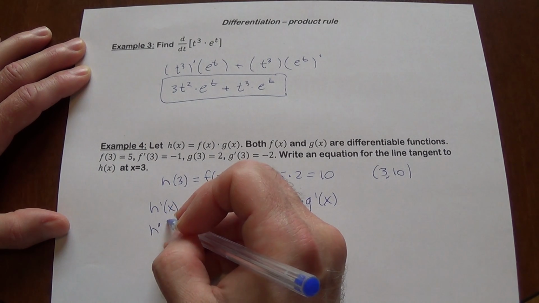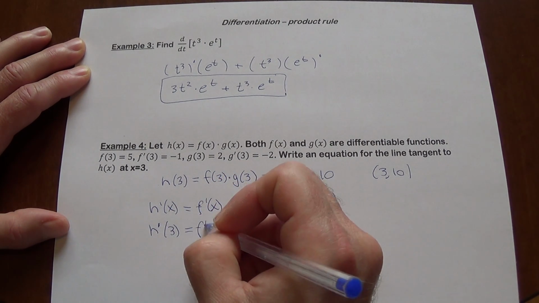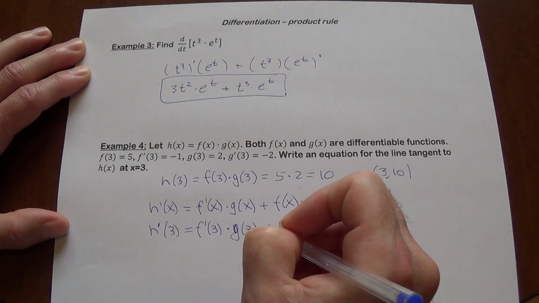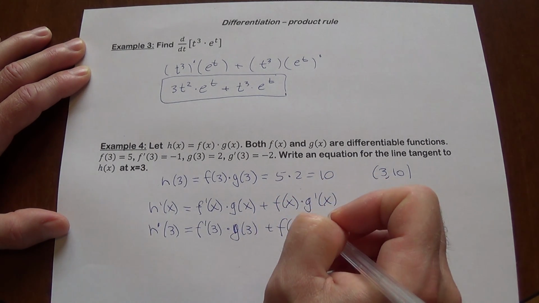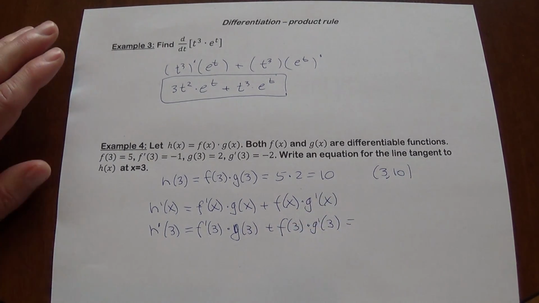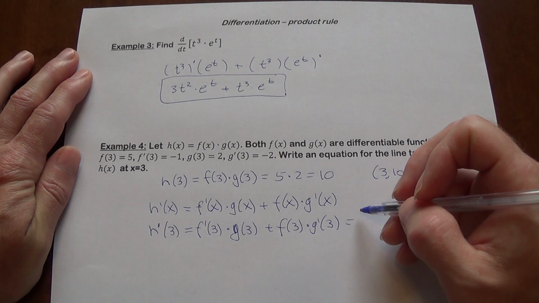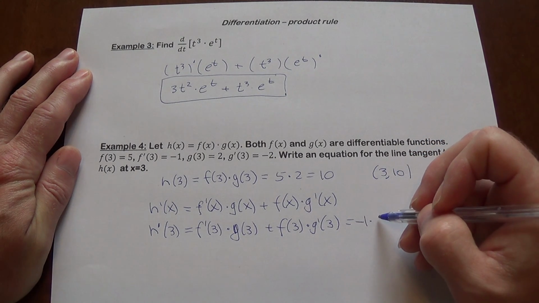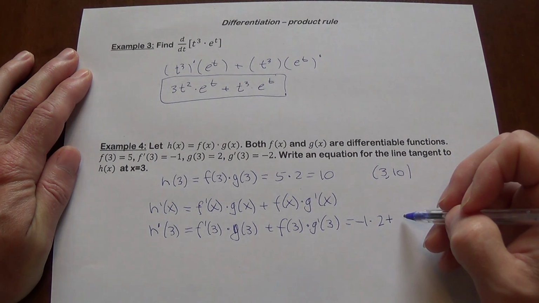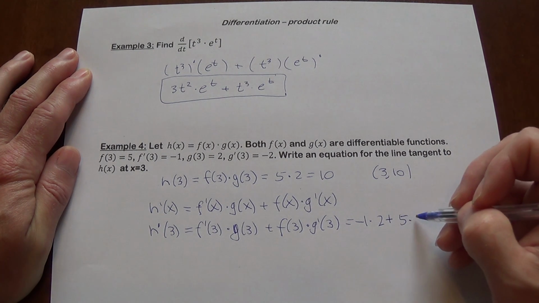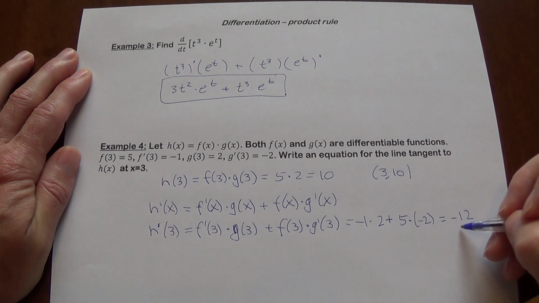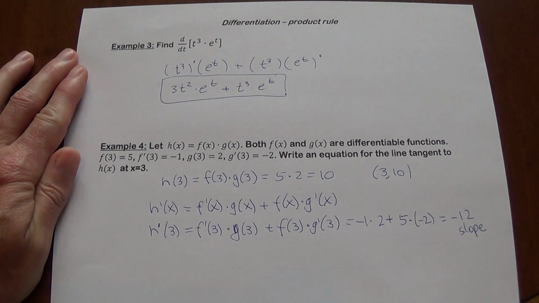So we evaluate that at 3, which is going to be f prime of 3 times g of 3 plus f of 3 times g prime of 3, and we have all these values. f prime of 3 is negative 1, g of 3 is 2, plus f of 3 is 5, and g prime of 3 is negative 2. This is going to give me negative 12. This is our slope. Okay?